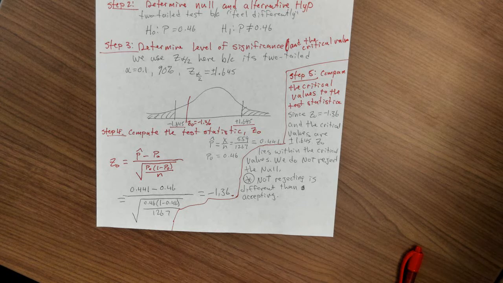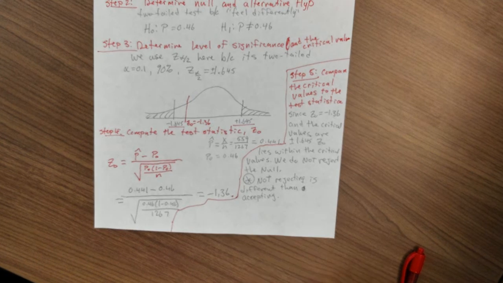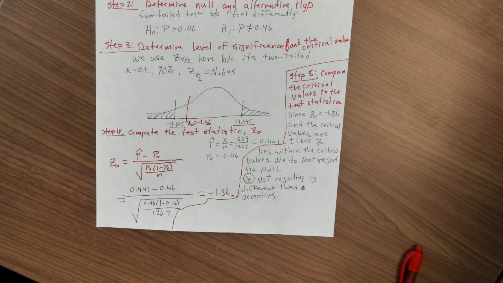If we accept it, then we are very confident that it would be true. But here we're saying we're not rejecting it because there's evidence to support H0. If there was no evidence, then we would just reject it outright.